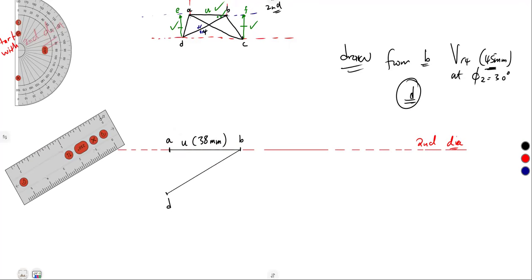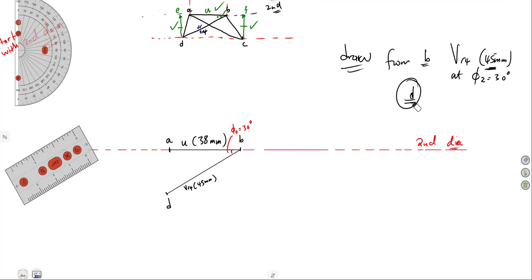Since we have got the point D, we can simply join. This was our VR4, 45 millimeters, taken from angle phi 2, which is 30 degrees, the exit of the moving blade of the second diagram.